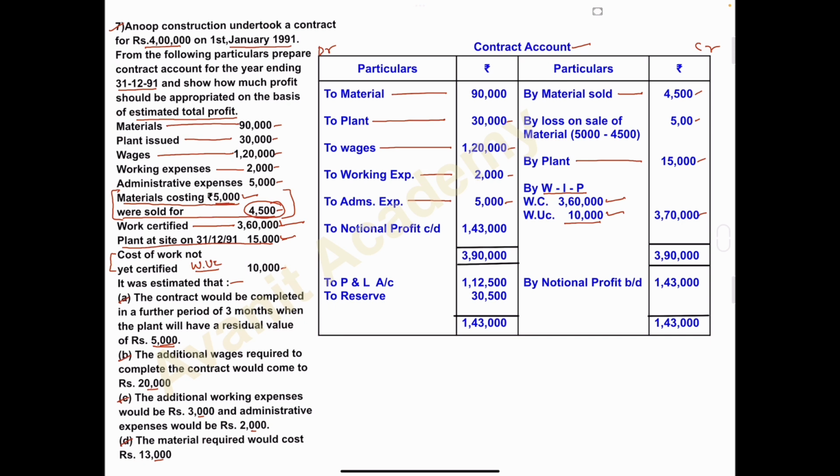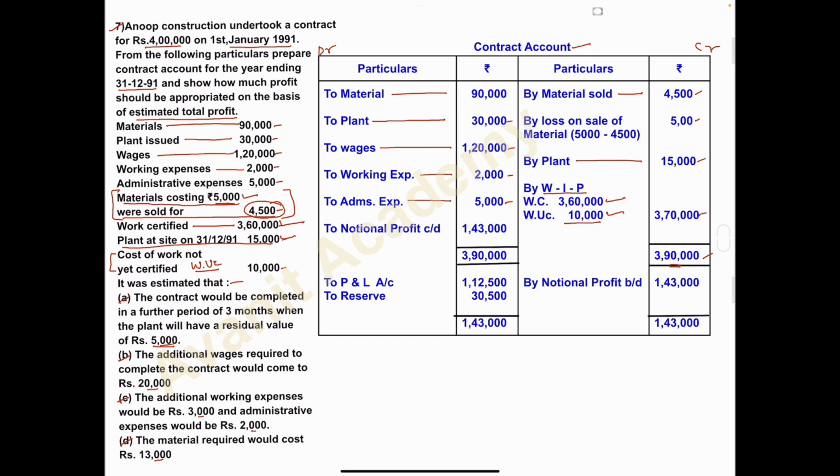Now calculate the credit side of the contract account. 4,500 plus 500 plus 15,000 plus 3,70,000. Okay, the total of these four items is 3,90,000. Total of credit side is 3,90,000.